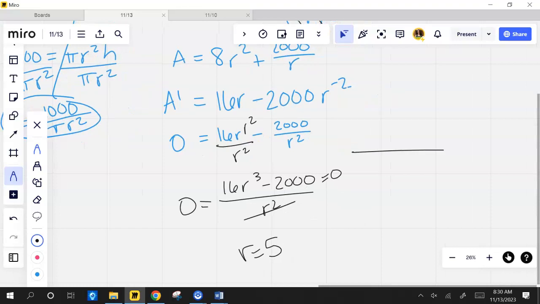Let's just make sure that that's a minimum. I hope we get negative positive here when we plug in. You're plugging into the derivative to tell what the function is doing.